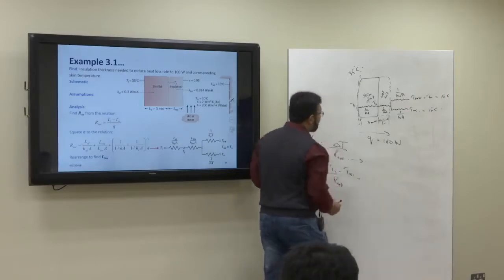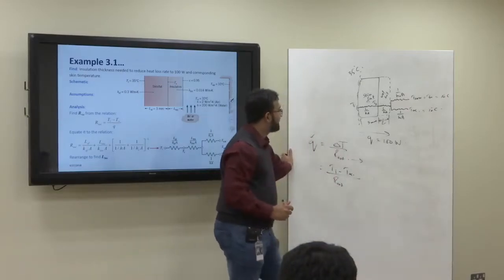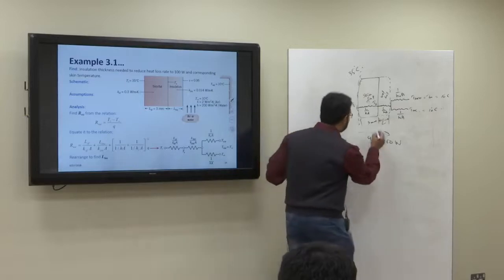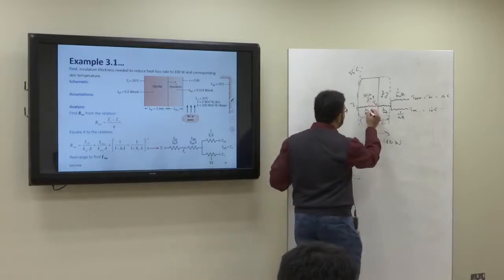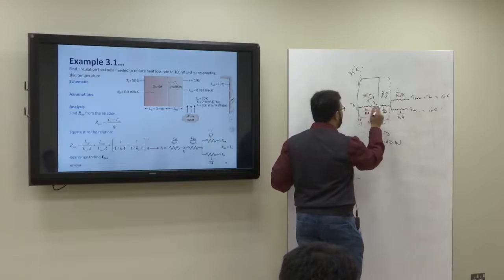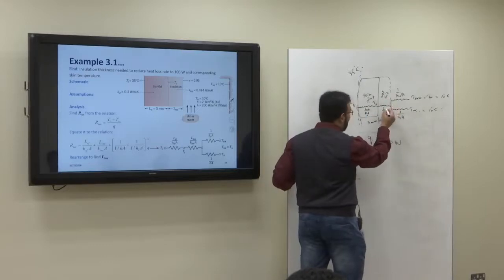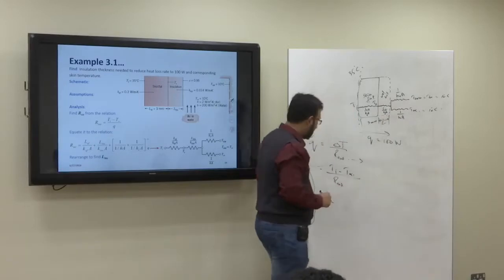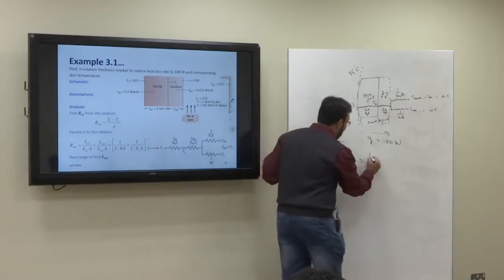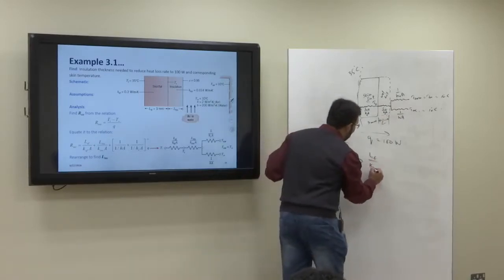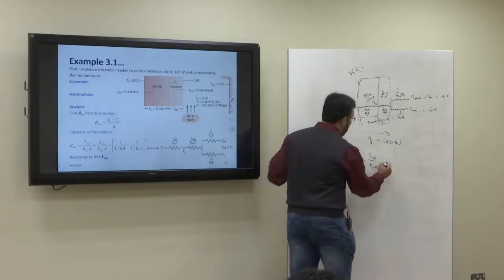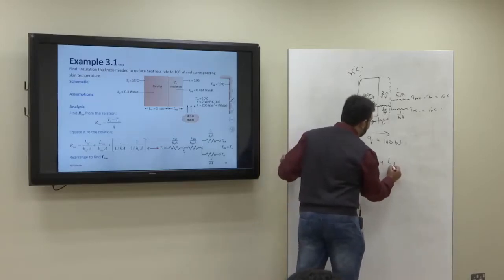R total will be, let's call this skin fat LF, kF and this wet suit LS, kS. So it will be LF over kFA plus LS over kSA.